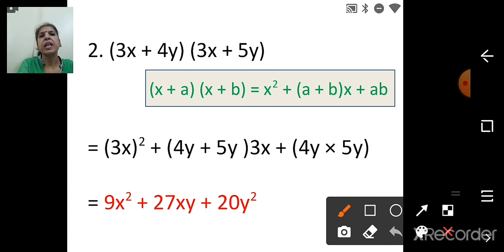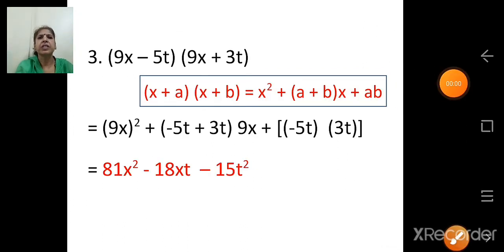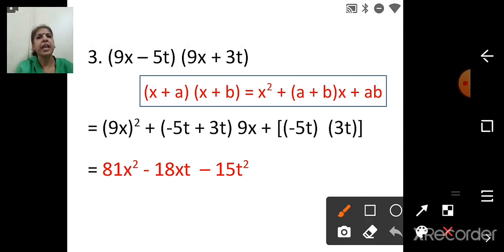So this way you write the formula, substitute the values in the formula, solve them and get the answer. Now the next question is (9x − 5t) multiplied with (9x + 3t). Here which is the common term? 9x, right?